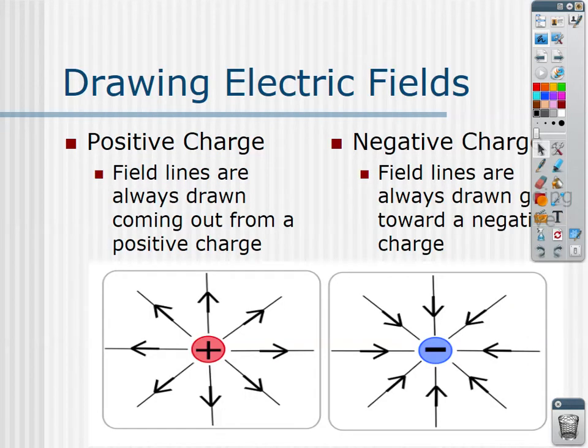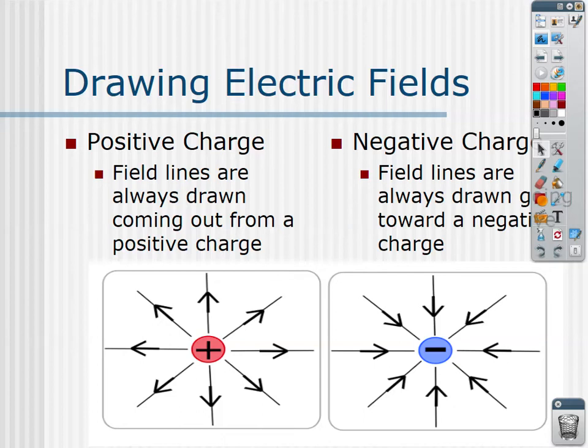When we draw out electric fields, one of the big things we have to understand for the test is drawing them out. If you take notes, draw the picture with it. For positive charges, the field lines are always drawn pointing away from the positive charge. While for a negative charge, field lines will always point toward the negative charge.